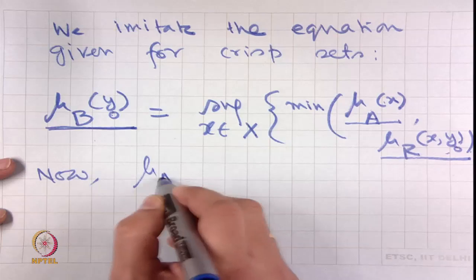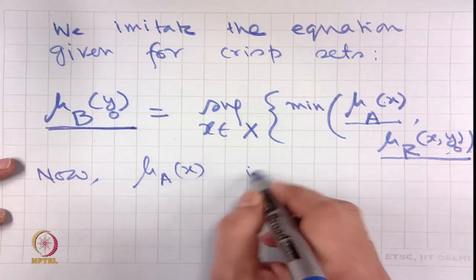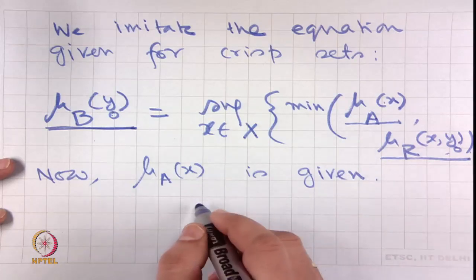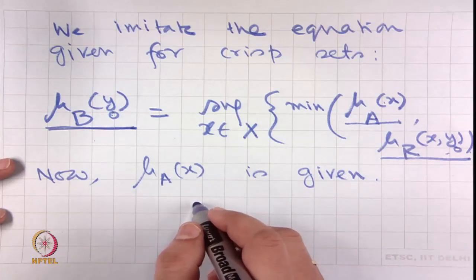Now, mu A of x is given, or the fuzzy set A on capital X is already defined.